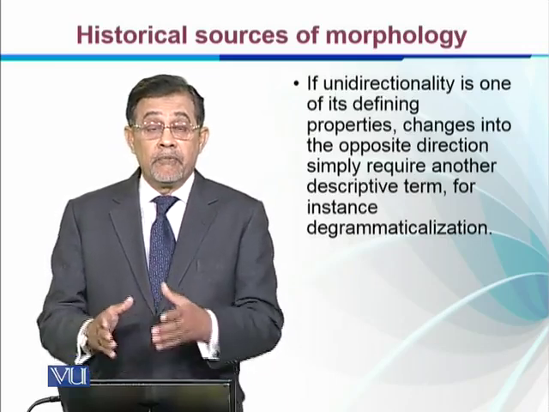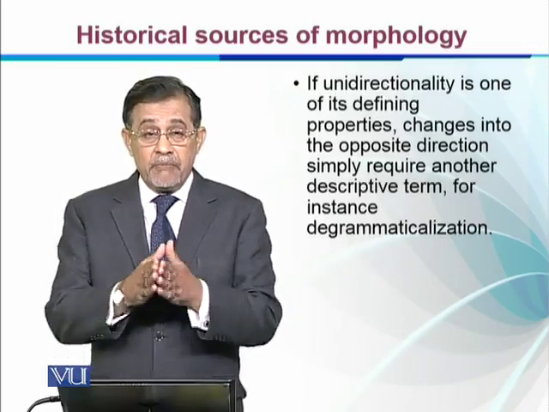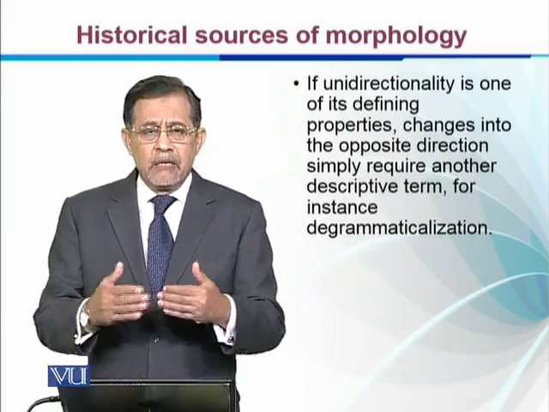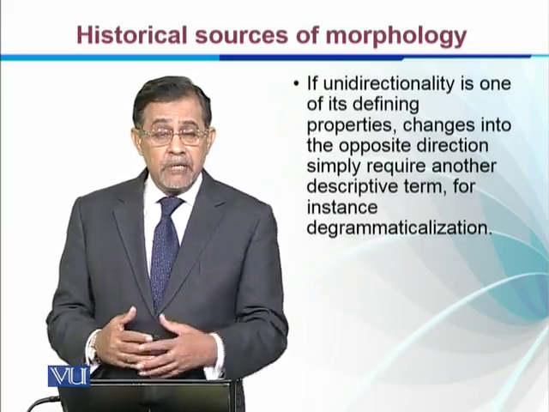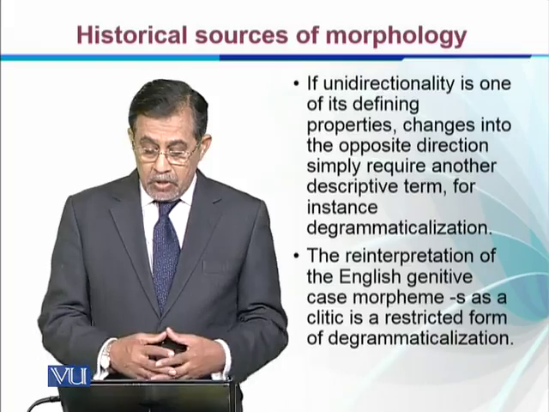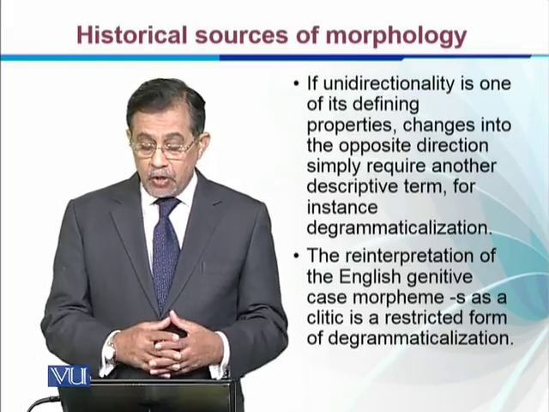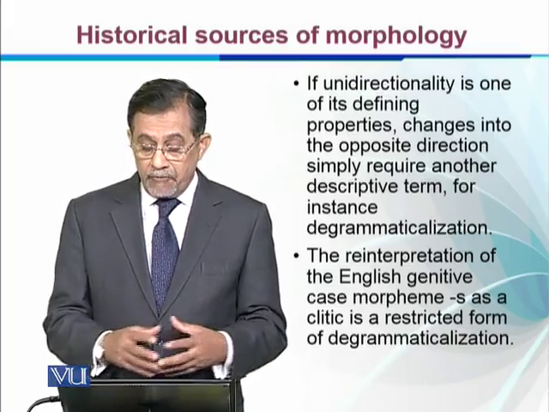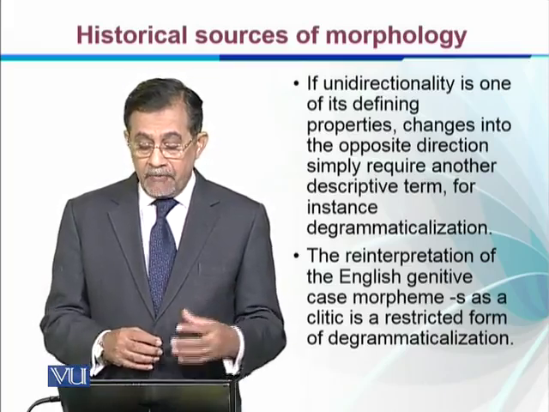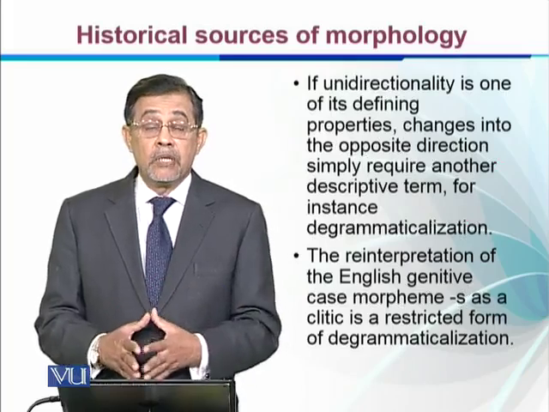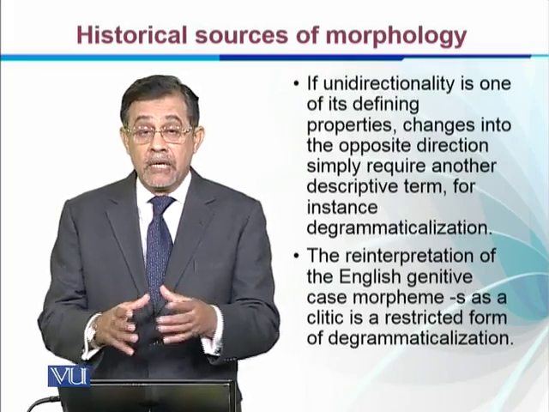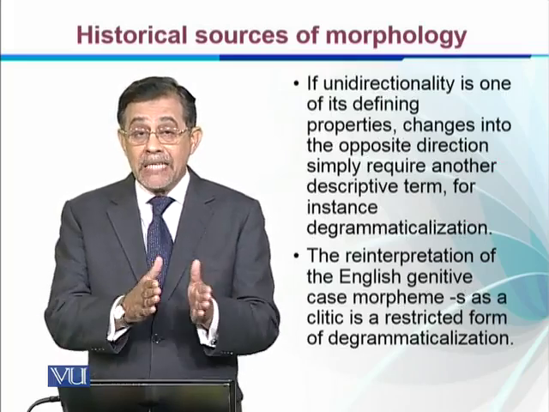So if we separate this aspect from grammaticalization, then we need a different term, that is degrammaticalization. The reinterpretation of the English genitive case morpheme s as a clitic is a restricted form of degrammaticalization, in that the word has lost its status. The s used to be his, right?